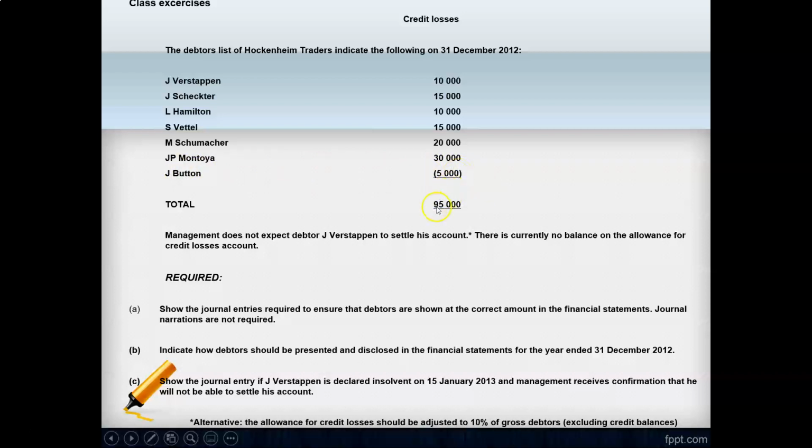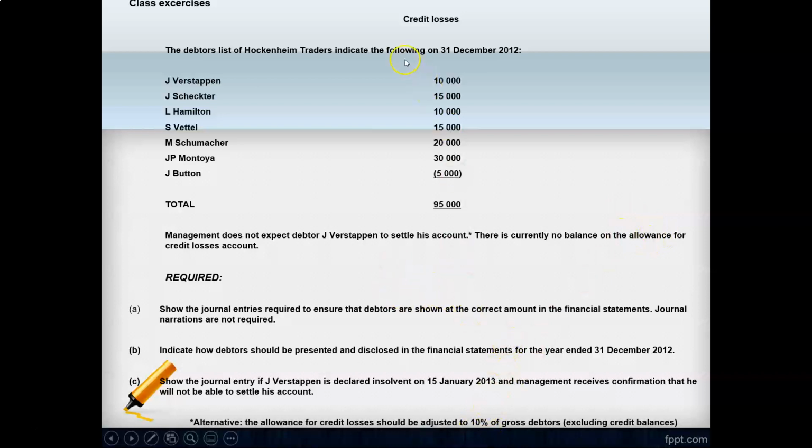So what is the actual amount of debtors? 10 plus 15 plus 10 plus 15 plus 20 plus 30 equals 100,000 Rand. Or 95 plus 5 equals 100,000 Rand. So that is our total outstanding debt of our debtors, 100,000. 100,000 times 10% equals 10,000 Rand.